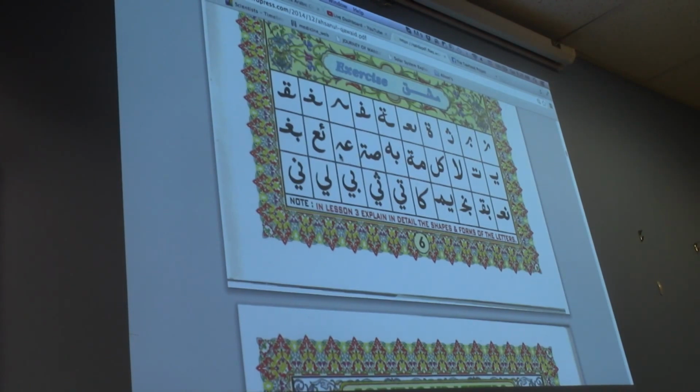A ha looks like this, smaller scale right here. We have here a hamza and an ayn. Here we have a ba and a ghayn. Noon and an ayn. Ba and qaf.